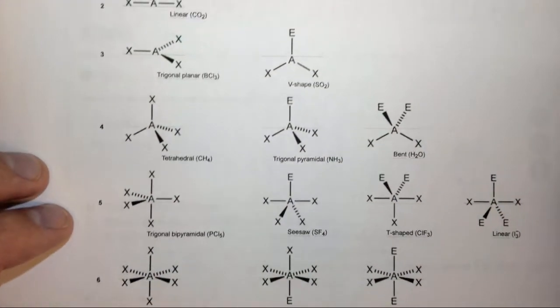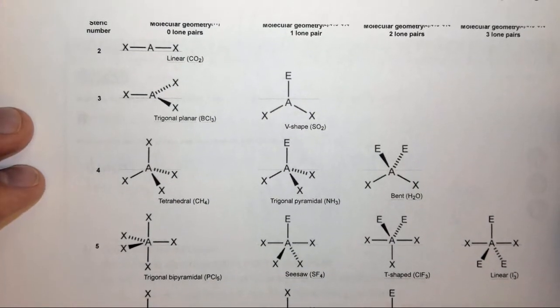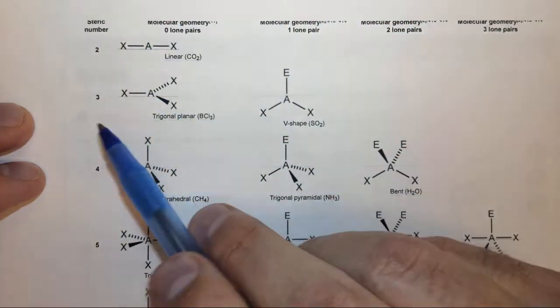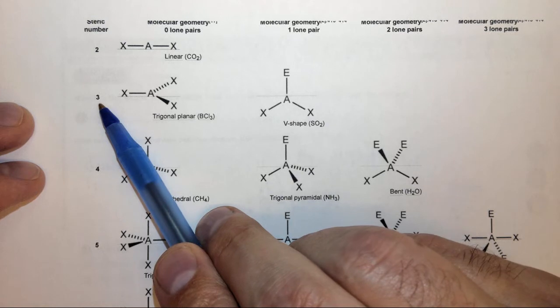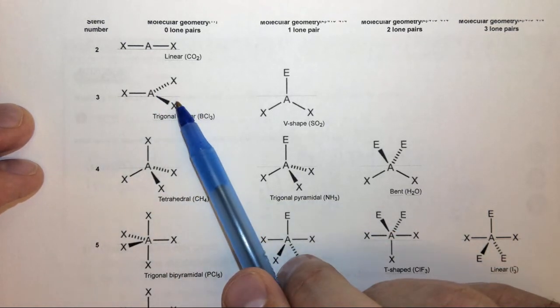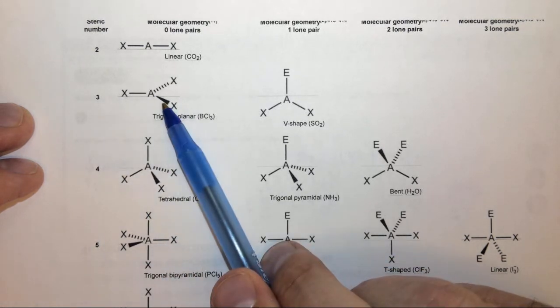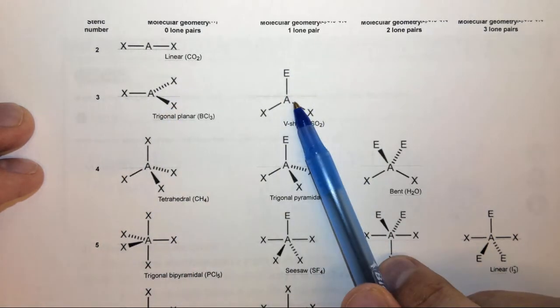Now this is a table that I found on Wikipedia. So if we go to steric number, which is the number of domains, 3, this is 3 with no lone pairs. This is 3 with 1 lone pair.